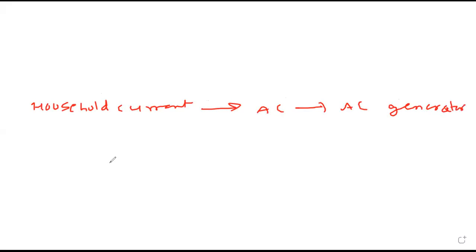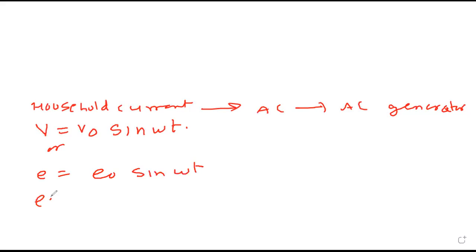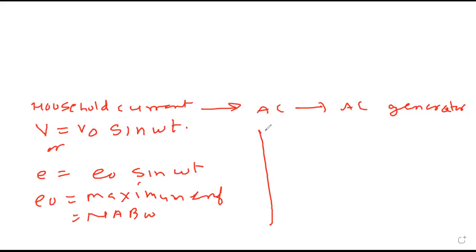So in a household circuit, we have AC electrical quantities coming from an AC generator. The formula for that voltage is V equals V naught sine omega t, or E equals E naught sine omega t, which I already proved for you. E0 is called maximum EMF, which is NAB omega. And current is given by I equals I0 sine omega t.